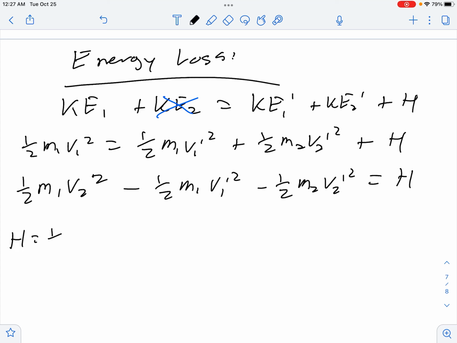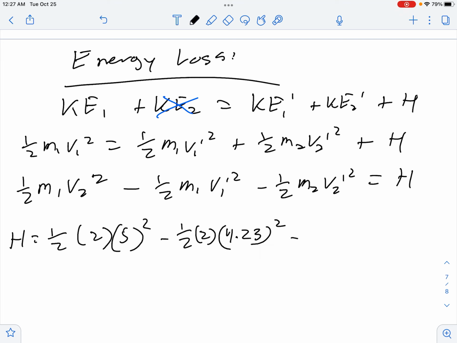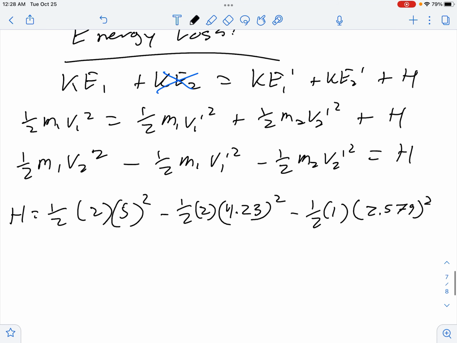So here we go. 1/2, ball 1 has a mass of 2. It's initially going at 5 meters per second. Afterwards, the 2 kilogram ball moves along at 4.23 meters per second. The 1 kilogram ball, we calculated a value of 2.579 meters per second.